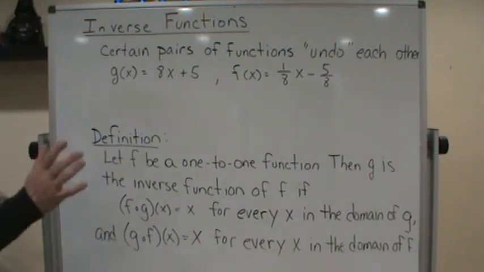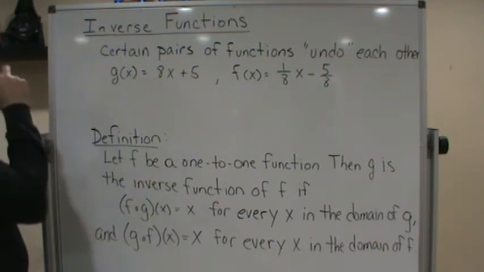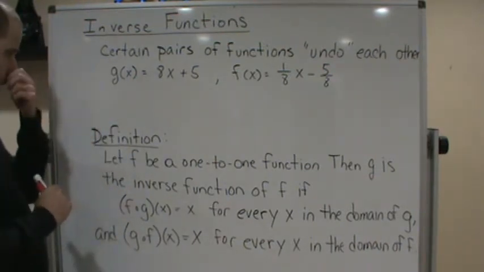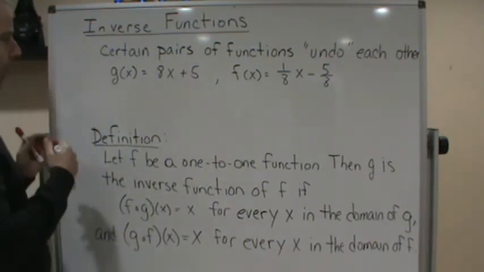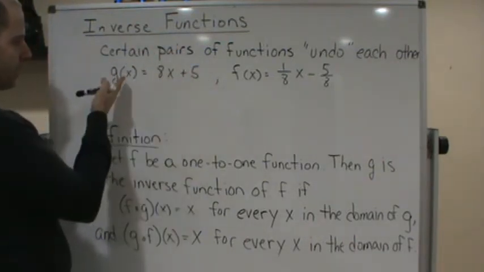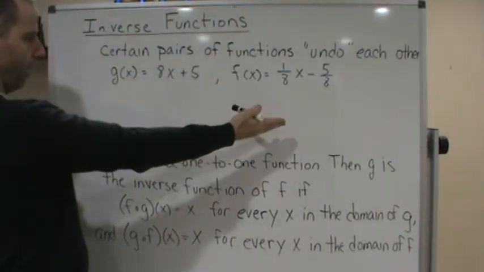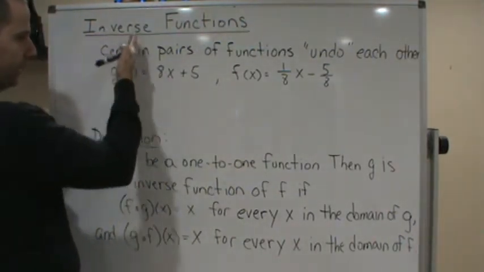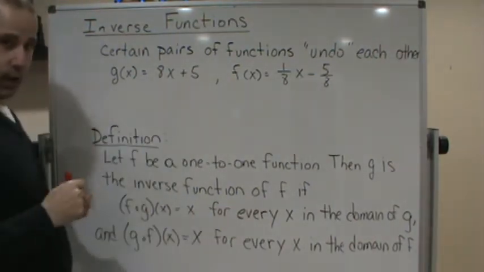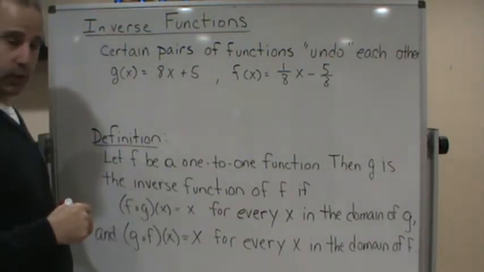I'm going to take these two functions. As we know, a function takes whatever we put into it and maps a value of x to another value of y. It takes a value in the domain and maps it to a specific value in the range.